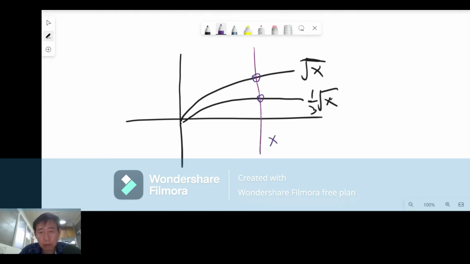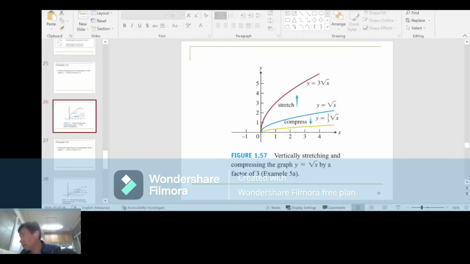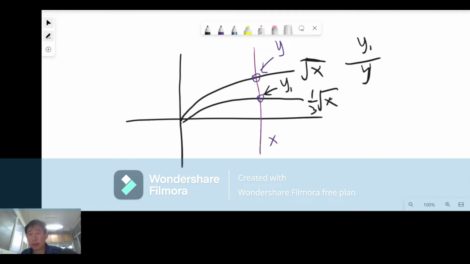So every value of y on the original function is compressed to a new value y1, where the values of y and y1 are compared at the same value of x, so that y1 over y is a factor of 1/3.